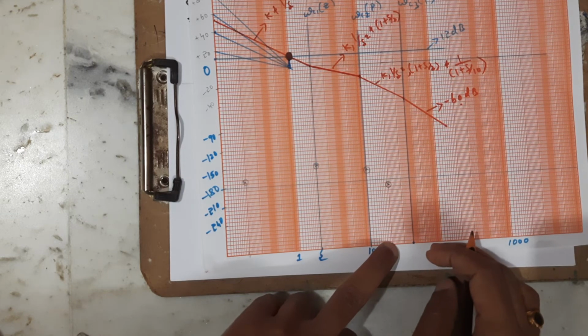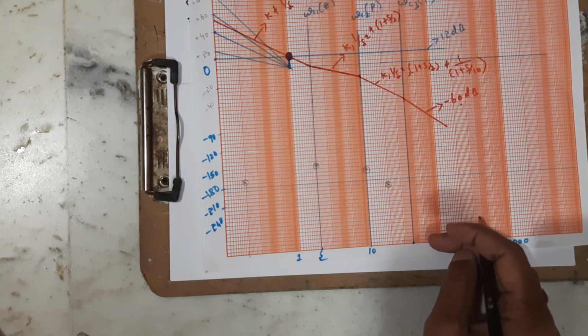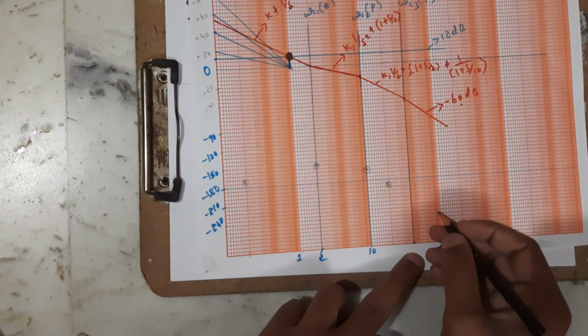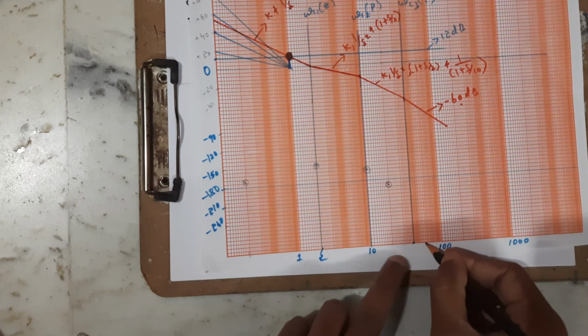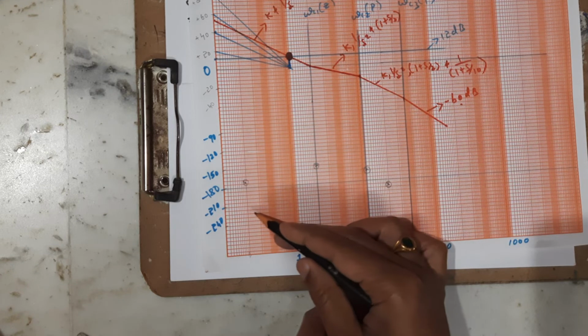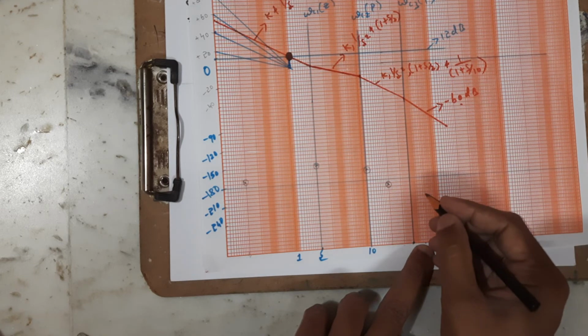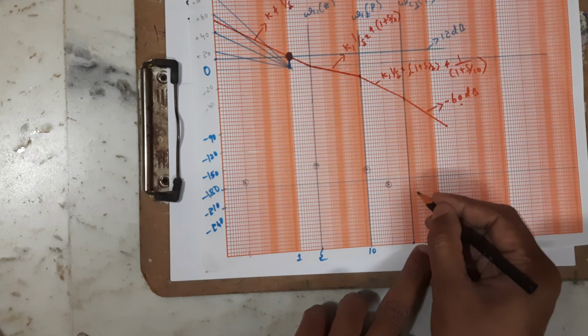Next one is when it is 50, minus 222, somewhere here.